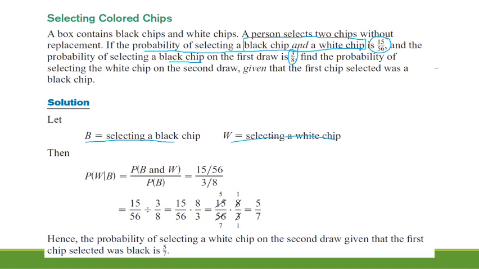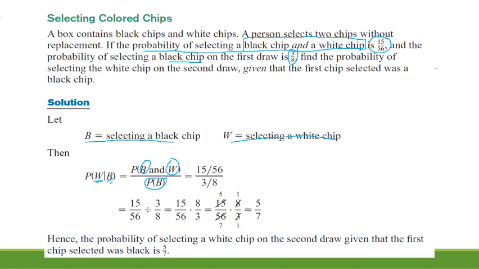The probability of getting the white chip after the black chip was first drawn is just equal to the probability of getting the black chip and the white chip all over the first event, which is the probability of getting the black chip, which is given in the problem.